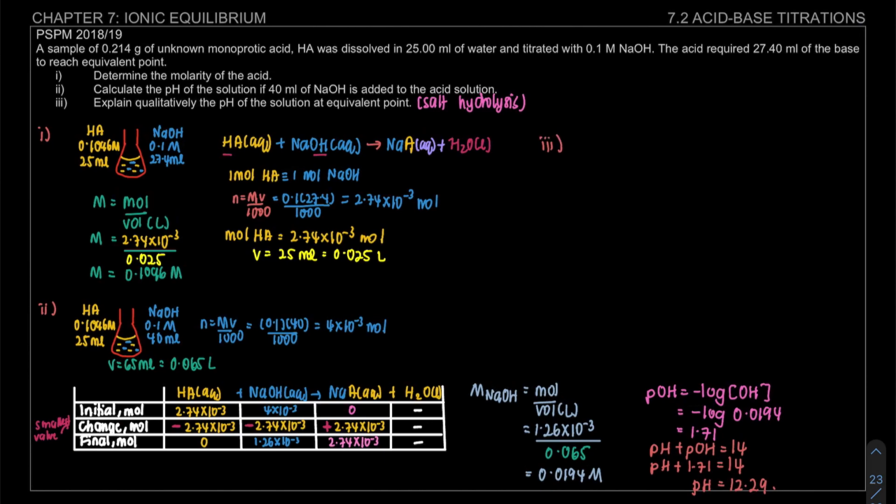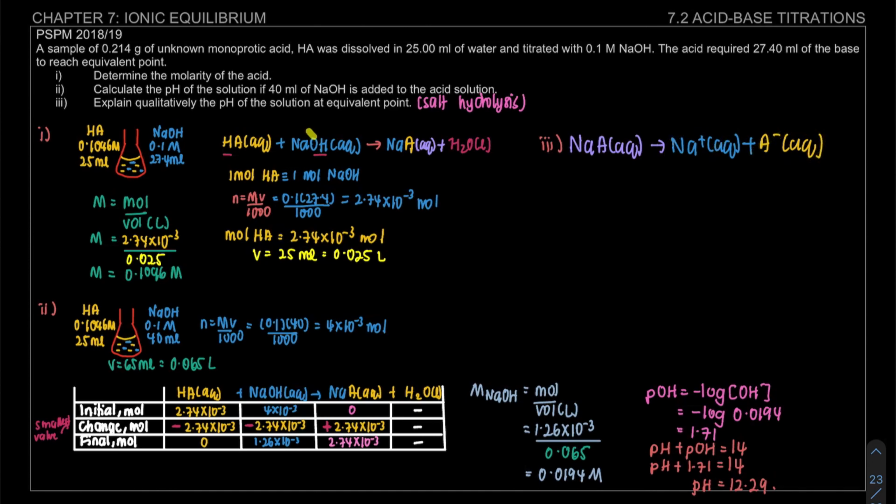So, we do it, our salt is actually NaA. So, NaA again, it will dissociate to form our Na plus with our A minus. Okay. So, how do I know Na plus and A minus?